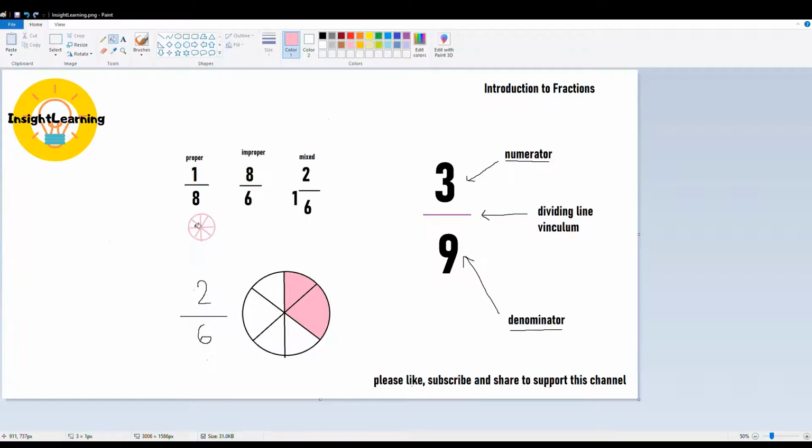Okay, let me just try. Why does it keep on shading in the whole thing? Yeah, so I'll shade in 1 of these pieces. As 1's the numerator, 1 is shaded in, and as 8's the denominator, there's 8 pieces altogether.